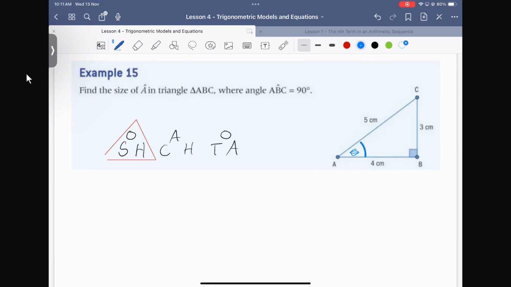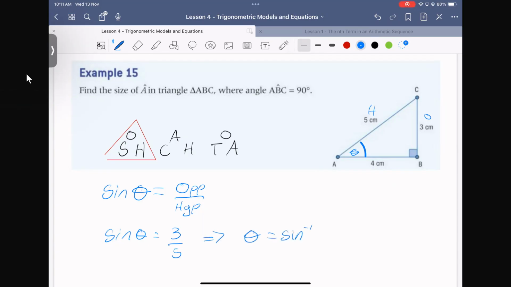I can use the formula that the sine of theta is equal to the opposite divided by the hypotenuse. That's going to give me sine theta is equal to the opposite, which is 3, divided by the hypotenuse, which is 5. That means that theta is going to be, we need to use the inverse sine function.